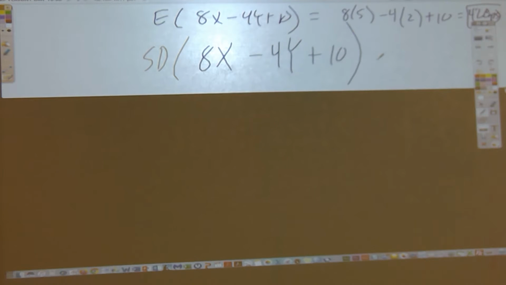X has a mean of 5, standard deviation of 0.3. Y has a mean of 2, standard deviation of 0.1.